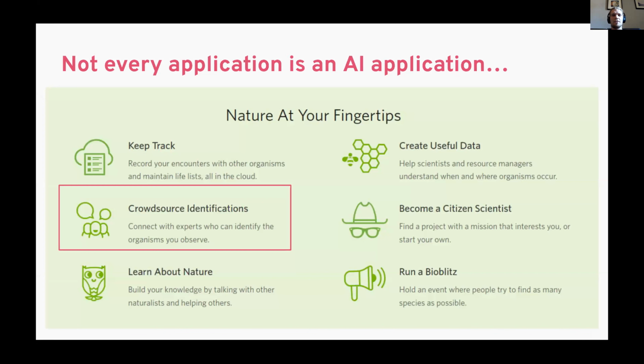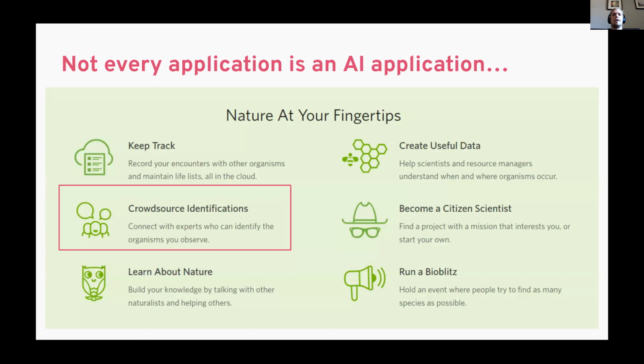And going forward, not every application is an AI application. It could very much be that, for example, this particular one doesn't identify those plants for me, because I think it requires intelligence to identify plants. And this says that it crowdsources identifications to other experts.